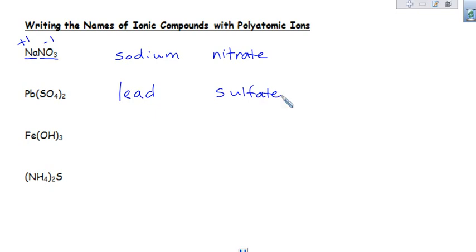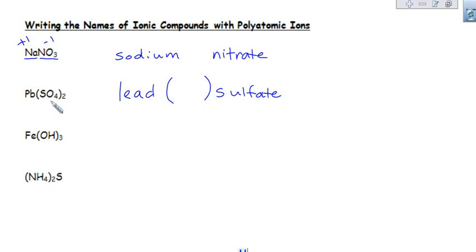Now with transition metals, tin, and lead, you must use the Roman numeral. Lead can have different charges, so I have to indicate which form of lead is used in this compound. So to figure that out, we just work backwards.